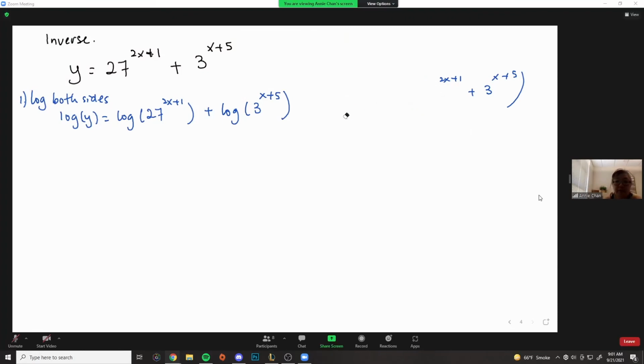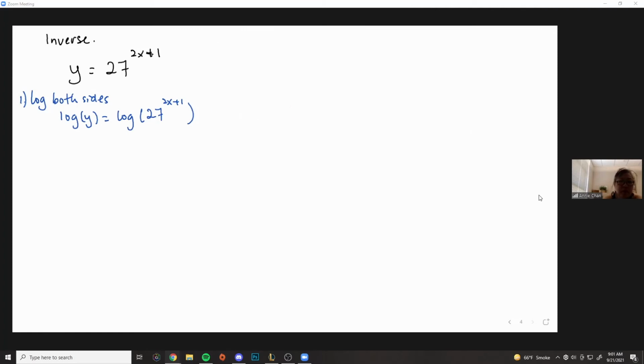Okay, now what? Let's make it just simpler for you. Let's just do one, so we don't have so many to deal with. Let's just do this one. Okay, now what? You bring the 2x plus 1 in front of the 1. Okay, log of y equals to 2x plus 1 log of 27.